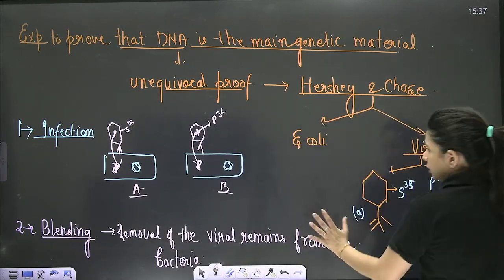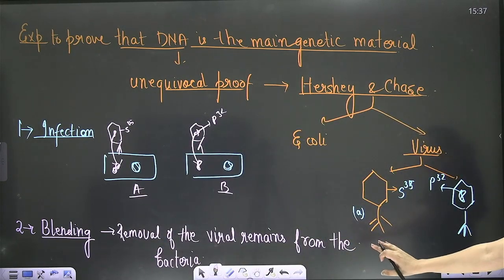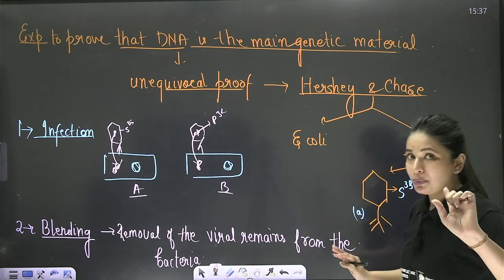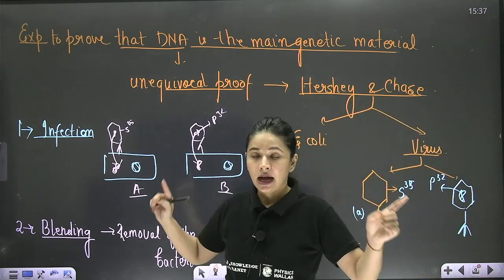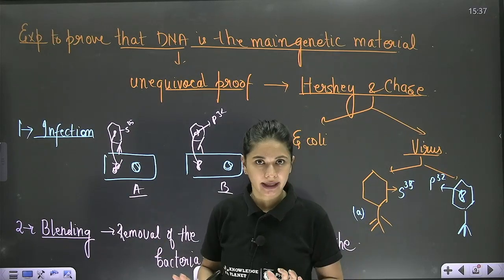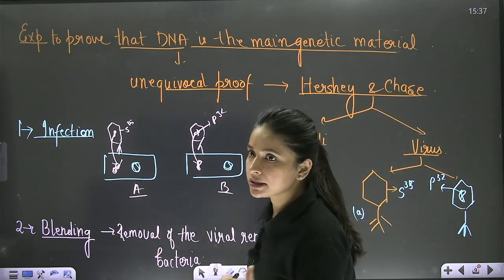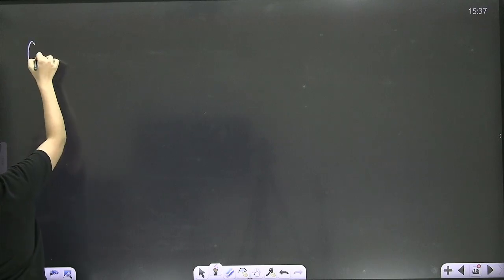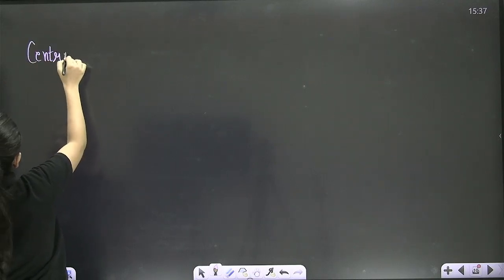Correct? So now you're just going to remove all the viral remains from the bacteria, and the last step is to detect whether the remains are having radioactivity or the bacteria is having the radioactivity. Correct? So the third step to prove this is centrifugation, that is density basis separation.